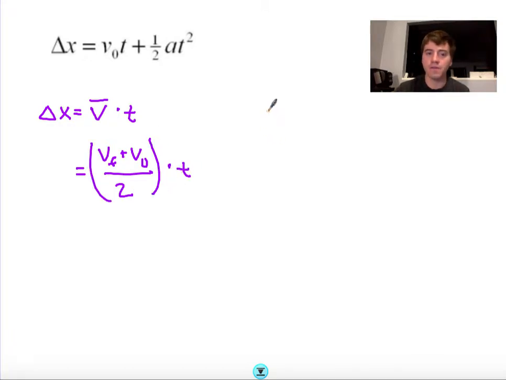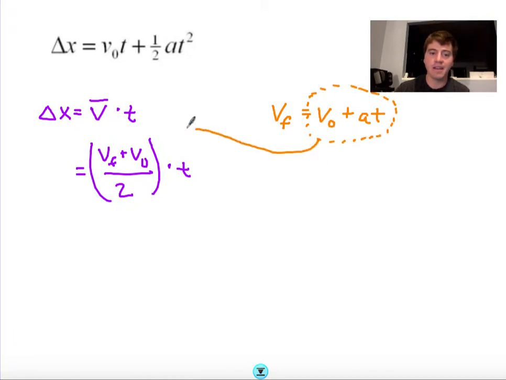All right, here comes the fun because we know that the final velocity is the initial velocity plus the acceleration times the time. So since we know that, we can take this and plug it in for my final velocity. Why do we want to do that? You'll see in a second.